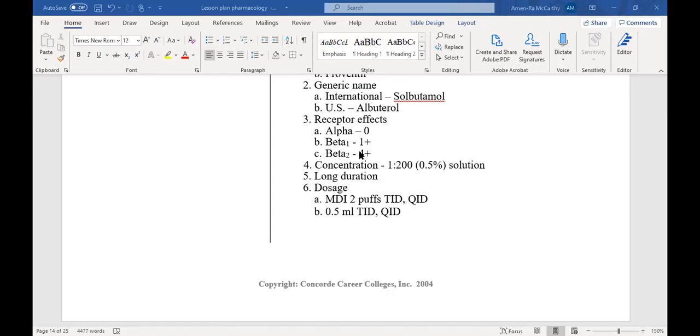Albuterol is so popular and so common to the ear because everybody uses it. You can pretty much talk to anybody and say, have you ever heard of albuterol? They're going to say, yeah, ain't that something that you breathe, right? Even if they don't know anything about medical, they know albuterol is something you breathe, okay? Because it's so widespread in use, right? It's used everywhere for asthma, okay?